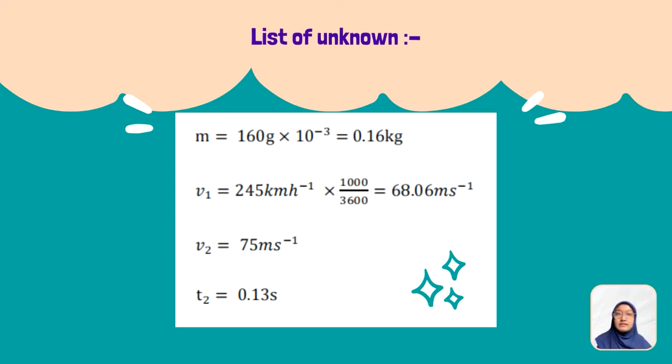In standard units, we must use meter per second, so 245 we must multiply by 1000 divided by 3600. So we get 98.09 meter per second. Next is v2, which is 75 meter per second, and last is t2, which is equal to 0.13 second.